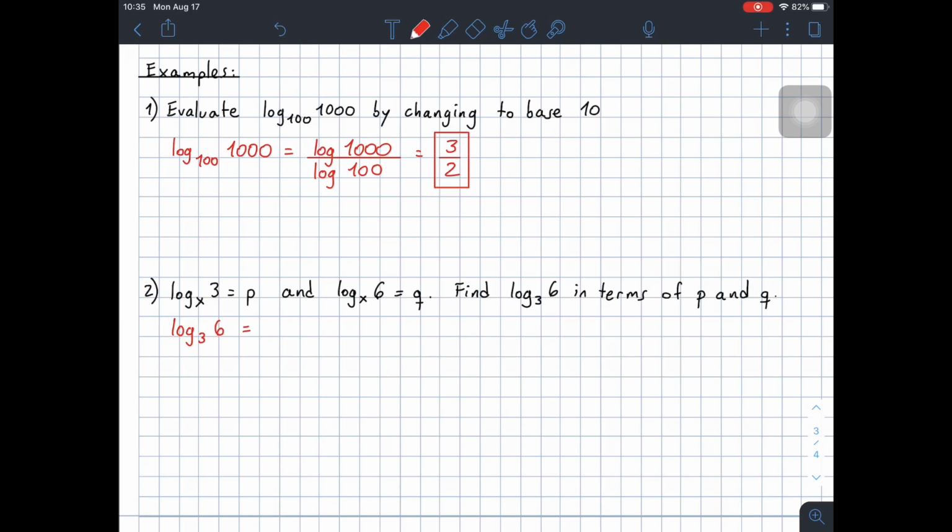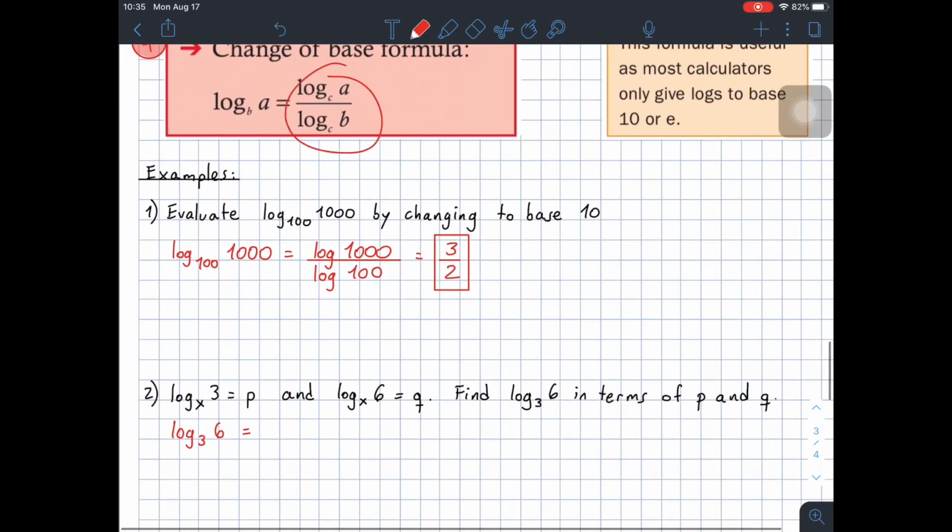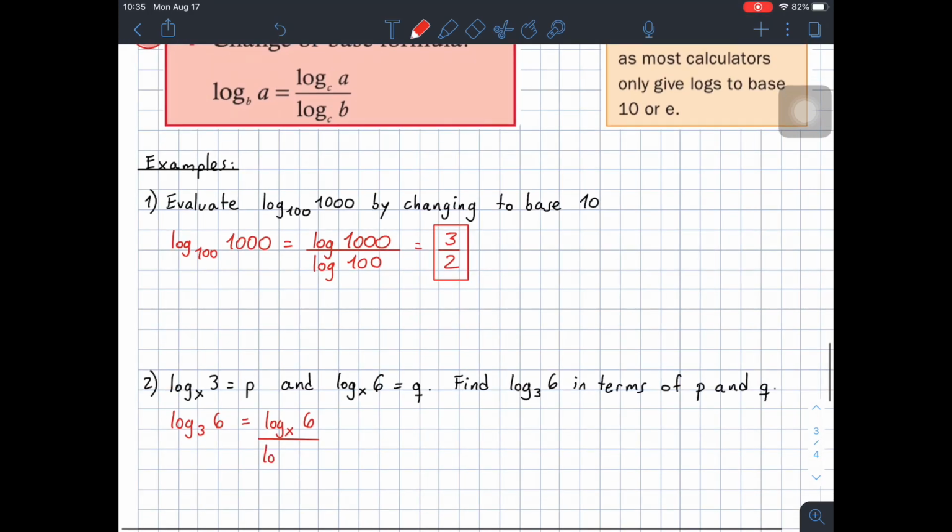So if I change this expression to base x, I apply the formula and say that this is log base x of the argument divided by log base x of the previous base, which is 3, right? And I have the values for these two expressions. Log base x of 6 is q, and log base x of 3 is p.